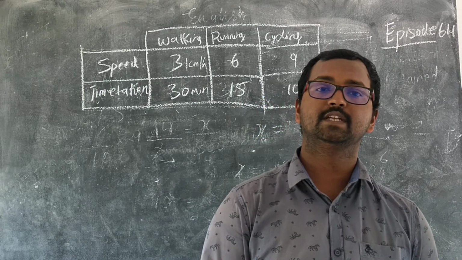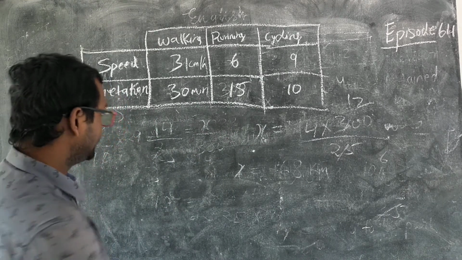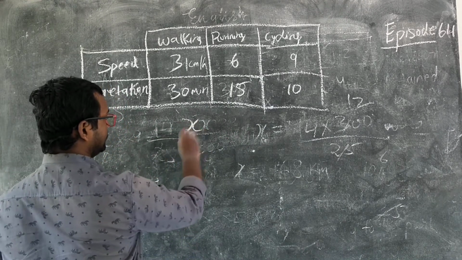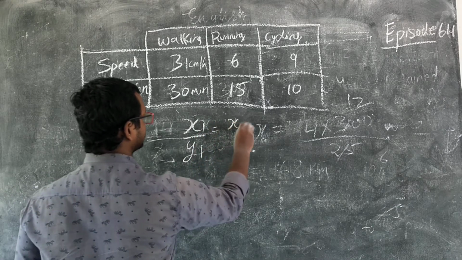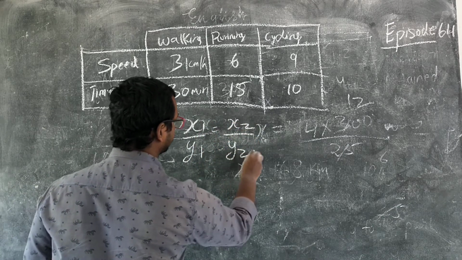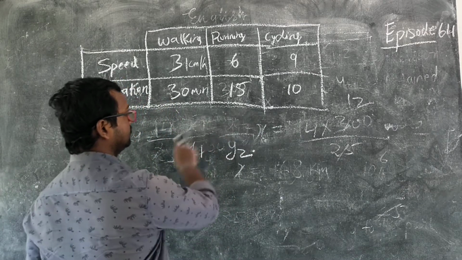Now in inverse proportion, there is a formula. In direct proportion we have studied this formula, x1 by y1 is equal to x2 by y2. But in inverse proportion, this is not the formula.